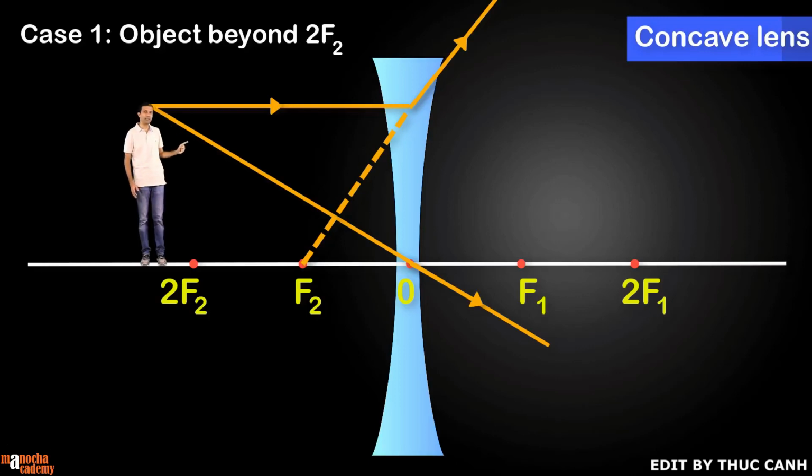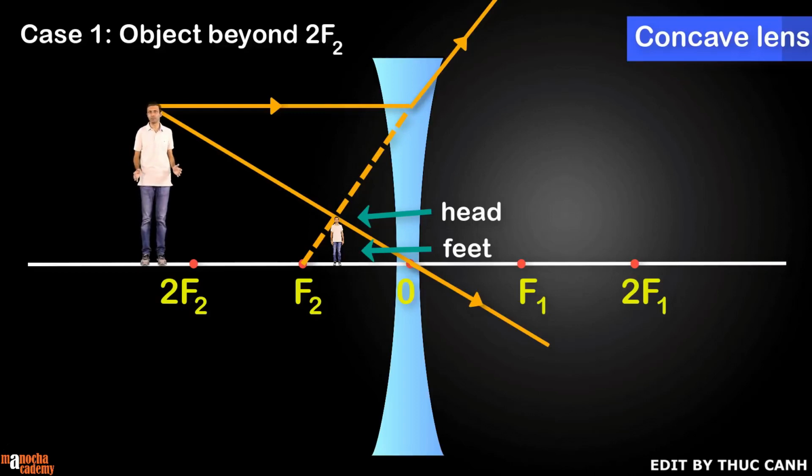And the point where they meet is the image of my head, because we took the rays from the top of the object. So where are the feet of my image? We don't need to draw rays for that. You simply extend the image, that is the top of the image, to the principal axis and you get the bottom of the image.